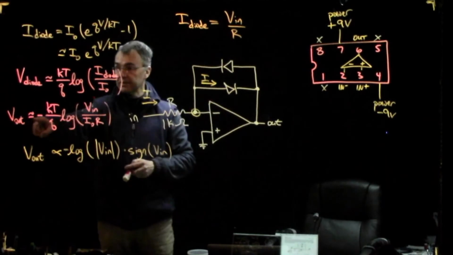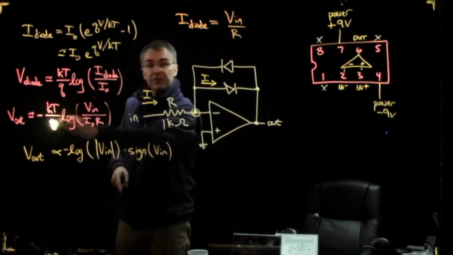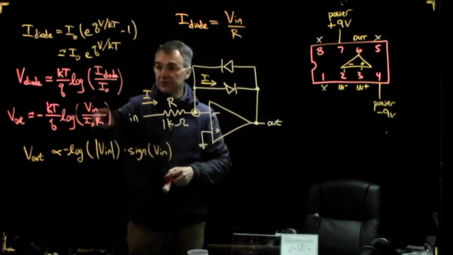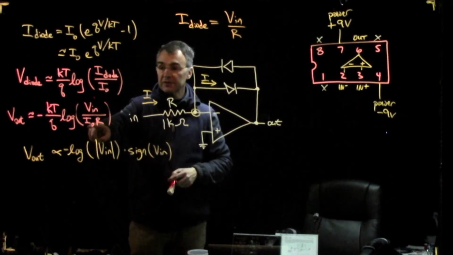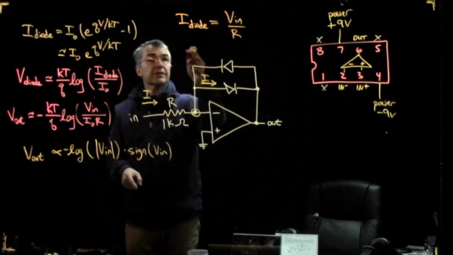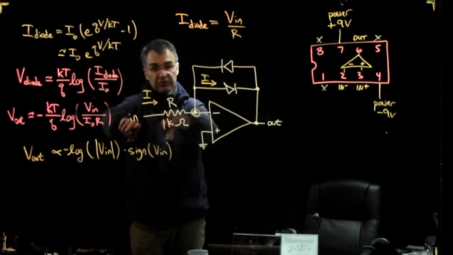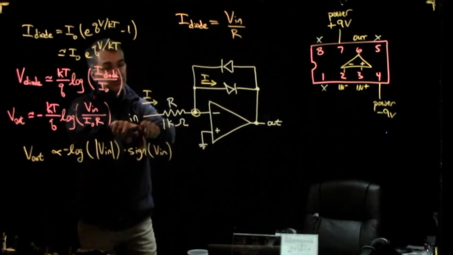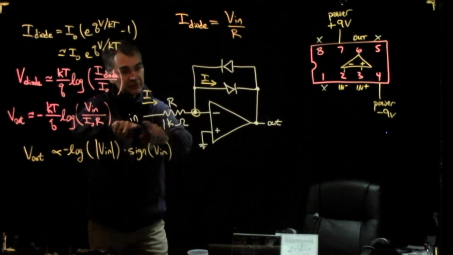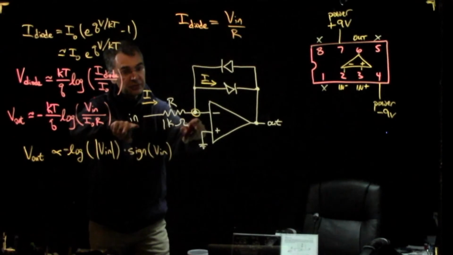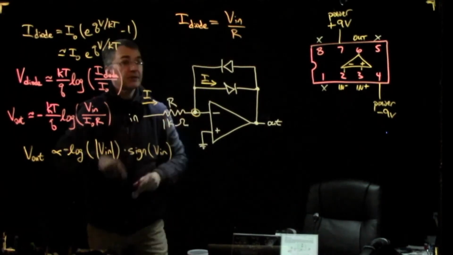V out then is minus kT over q times the log of V in over I sat R, because the current through the diode is just this input voltage divided by R. The virtual ground makes things so easy because this is 0, so this current is just V in minus 0, which is V in, divided by R.